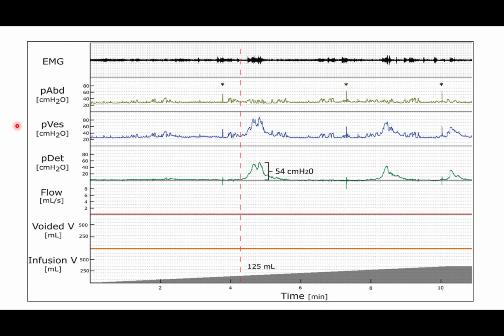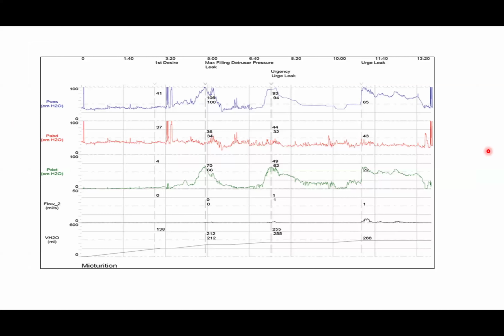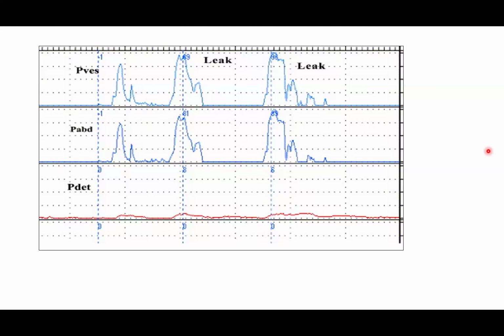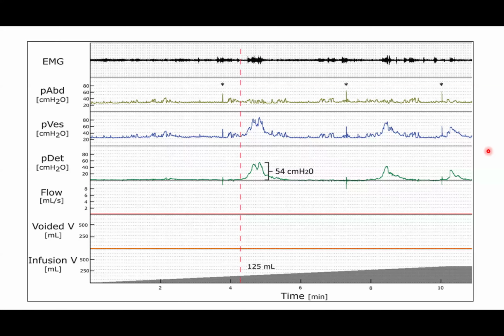Next one. Yes, one minute. Okay, there's one more graph which you will explain. Would you please show me the first one? First page. Yes.